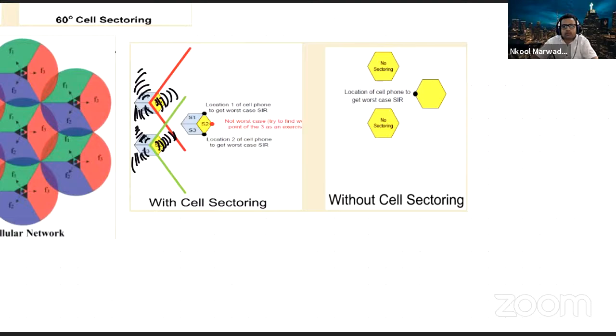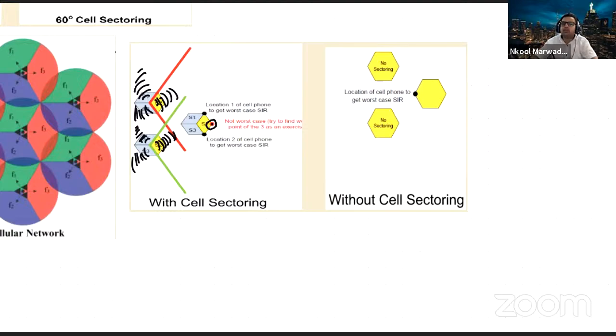So this red point is completely safe from any interference. These black points are also relatively safe.